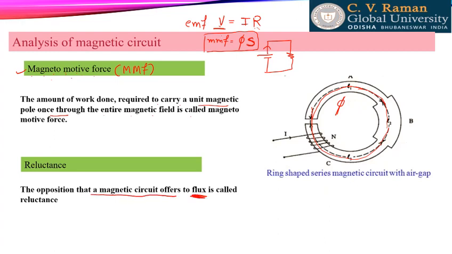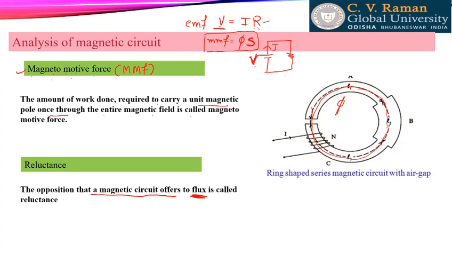So similar to the electrical circuit, the necessary force to flow that current in the circuit is given by this voltage source, or electromotive force. Who is flowing? Current is flowing in the circuit. What is the opposition given to this current?